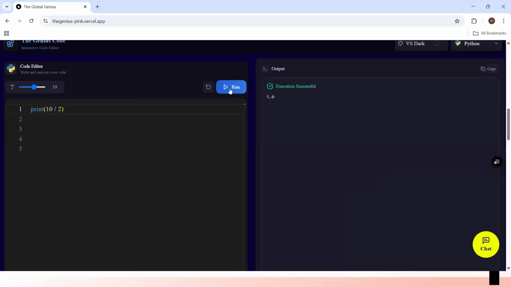This is called floating point division. In other programming languages, it will just give you integers, but Python will return a float.